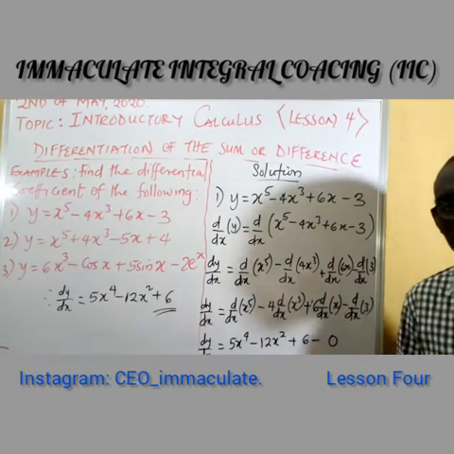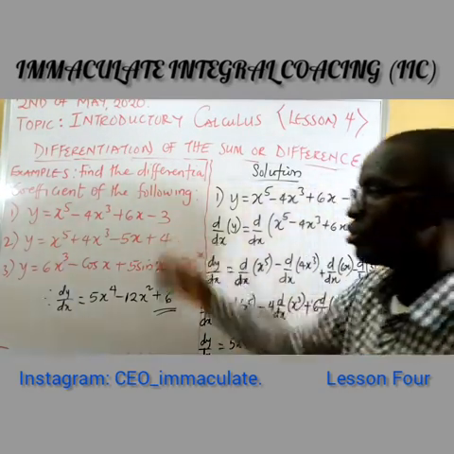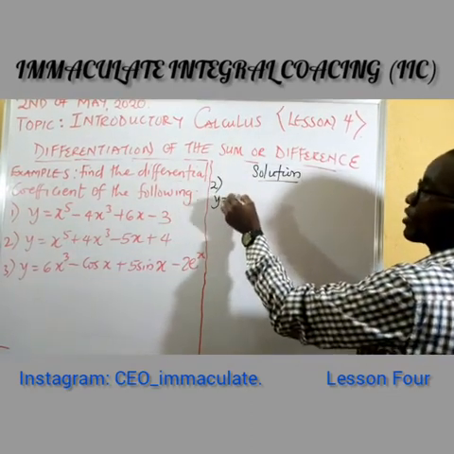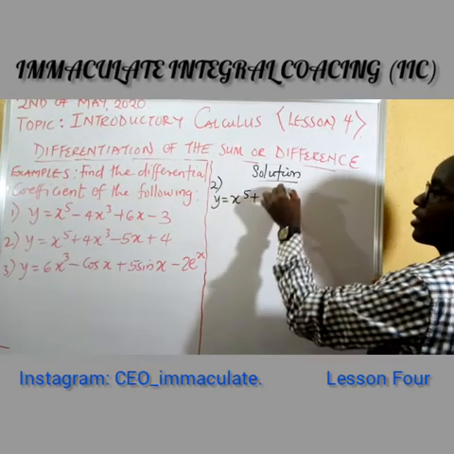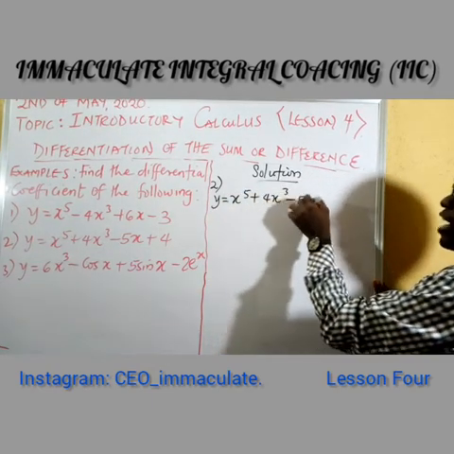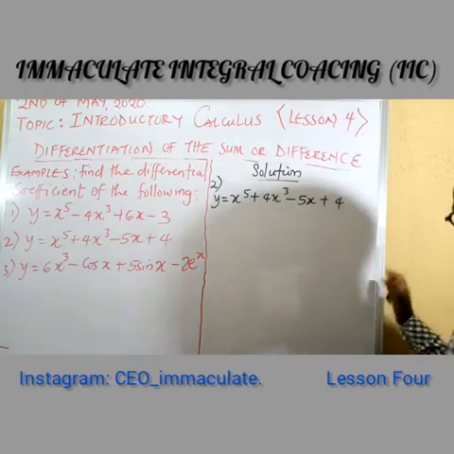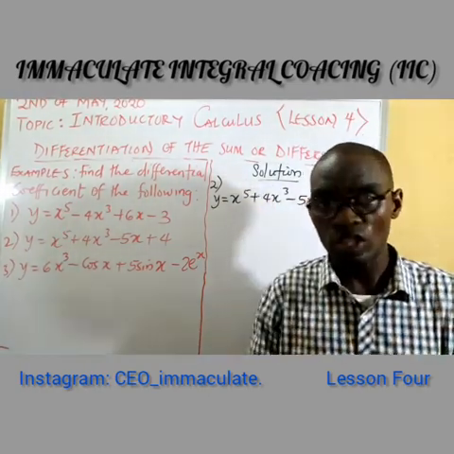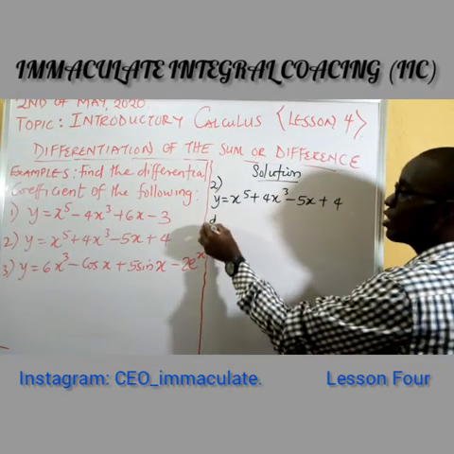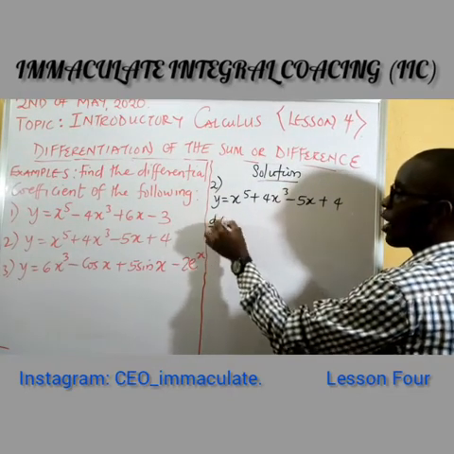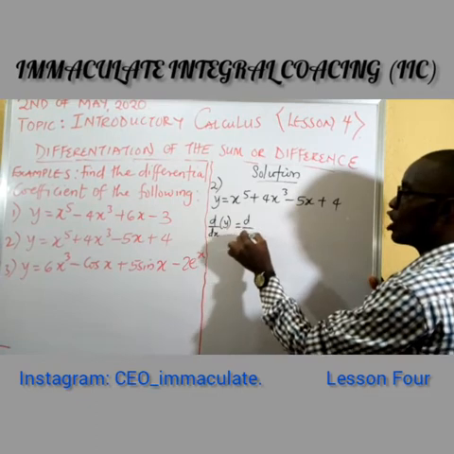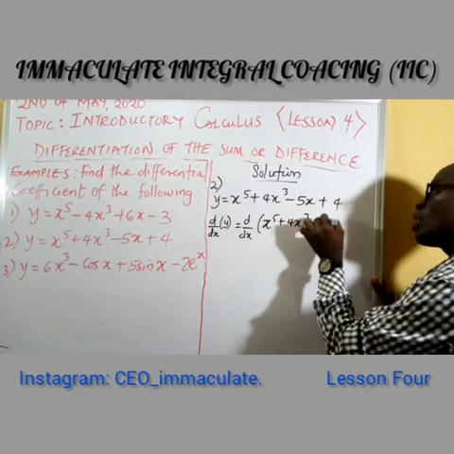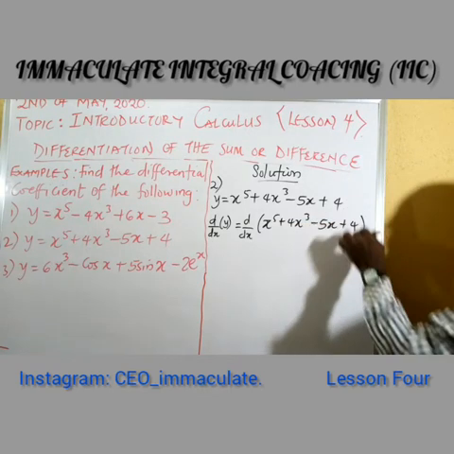I believe you understand. So let's solve the second one. Question 2: y equals x to the power 5 plus 4x to the power 3 minus 5x plus 4. We're still going to do the same thing. We multiply both sides by d over dx. So d/dx of y equals d/dx of x to the power 5 plus 4x cubed minus 5x plus 4.